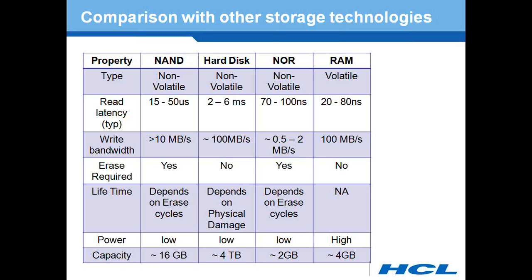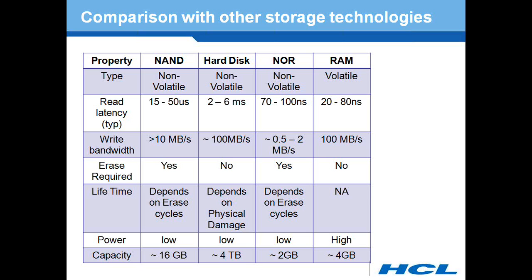In terms of write bandwidth, compared to hard disk, NAND has slower programming operations. For example, it can go up to 10 megabytes per second, whereas a hard disk can go up to 100 megabytes.